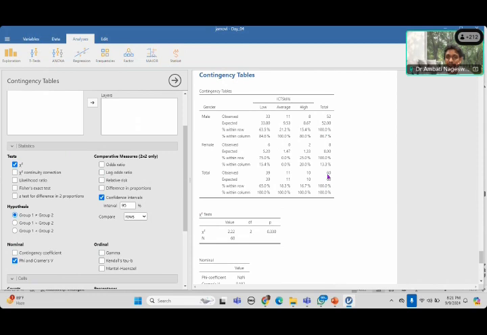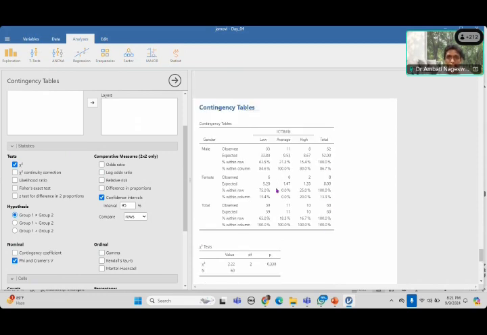The total number of respondents is 60. Now we are going to interpret and analyze these findings. For example, out of 60 respondents, 52 people belong to the male category and 8 people belong to the female category.